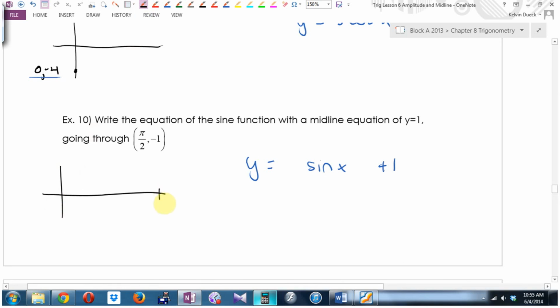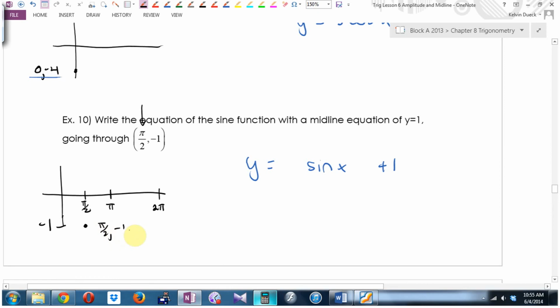Let's put a little 2 pi right there. If all that way is 2 pi, what's that right there, halfway? Pi. What's that right there, halfway between 0 and pi? This is what they've given me as my x. So here's pi by 2, and they're telling me that at pi by 2, we are at -1 high. We are at pi by 2, comma, -1.